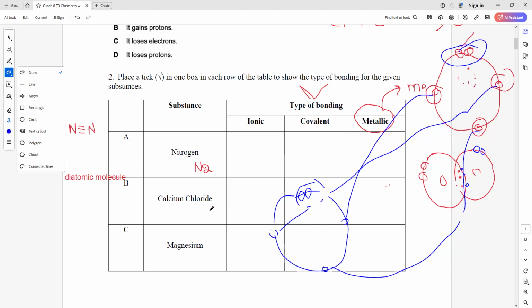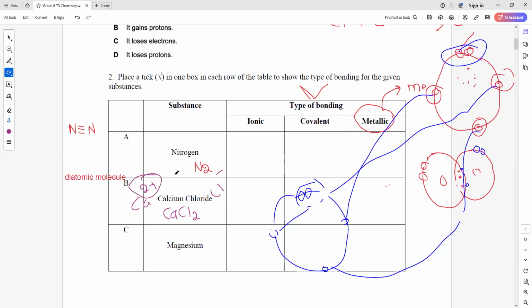Okay, B, calcium chloride. Calcium chloride means CaCl2, right? So here we have 2 ions, one cation and anions also. The cation is calcium 2 plus, and the anion is Cl minus.